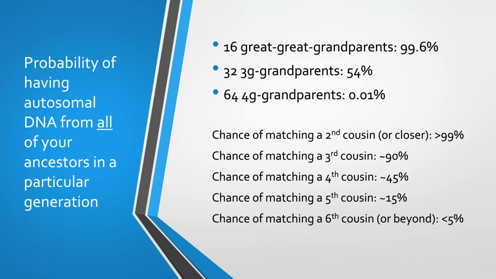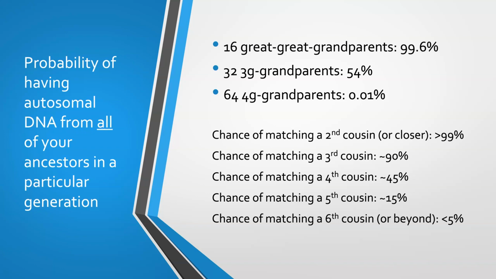So this tells us that unlike mitochondrial DNA and Y DNA, autosomal DNA is only good so many generations back before it becomes not very useful. And this will be more understandable once we look at matching our cousins.